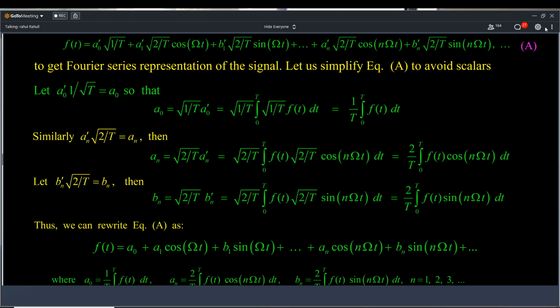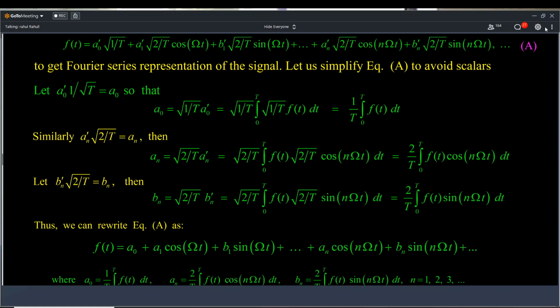This is the reason. Now the second question that has been raised is what the coefficients 1 by T and 2 by T are doing there. They are forcefully making the basis functions orthonormal, so that you can easily compare and take the decision based on the amplitude of the transform coefficients in the transform domain. This is the second reason.